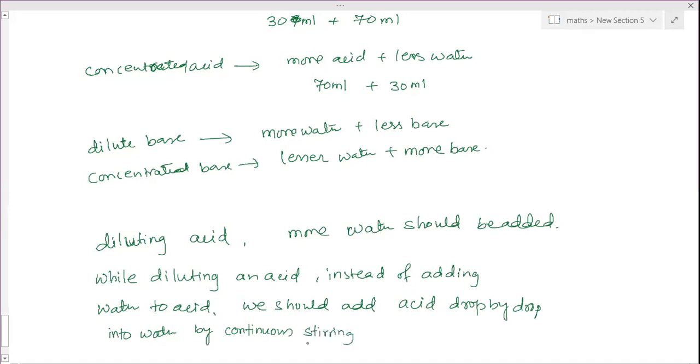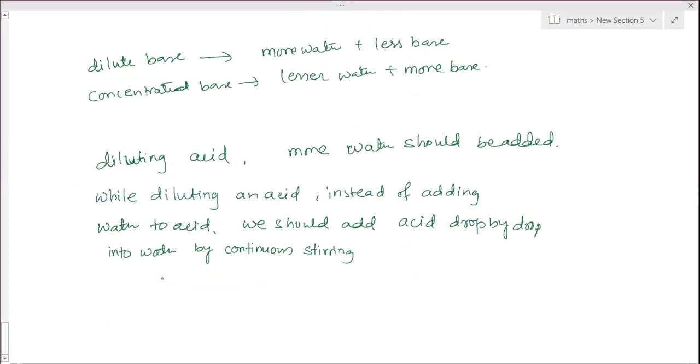Now here, slowly, part by part, we are adding acid. So heat is produced, but not as large as in the earlier case. In the earlier case, the amount of acid is more and the amount of water is less, so it is not diluted, and then a high amount of heat is produced, which can cause damage to the people nearby, because the vapors are immediately formed, and those vapors can easily react with the eyes and cause serious damage to the eyes.